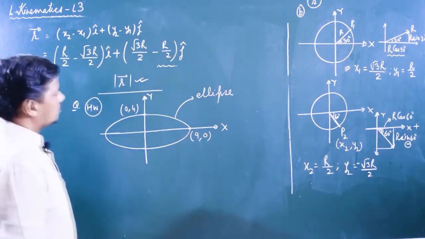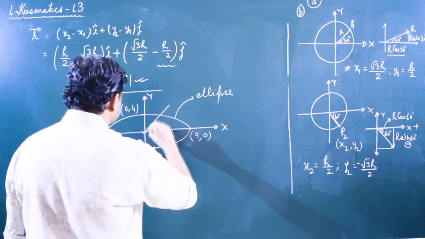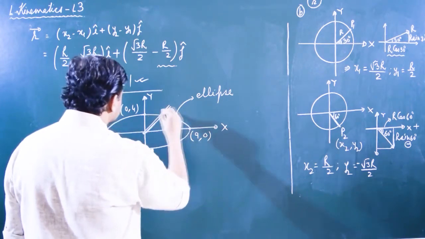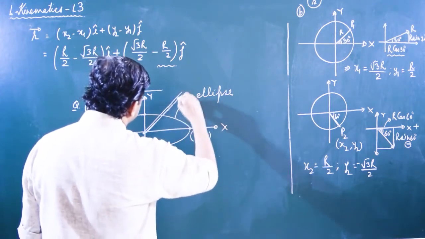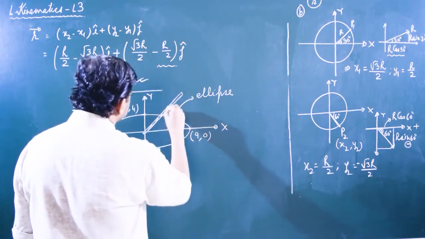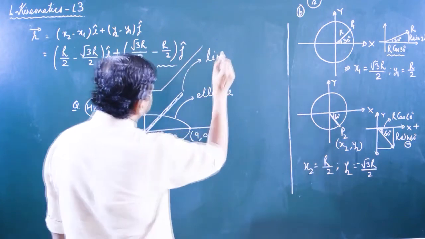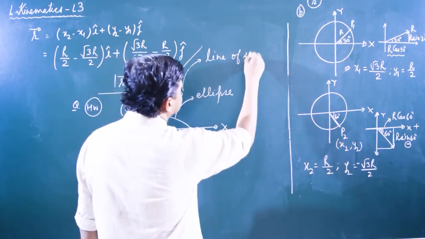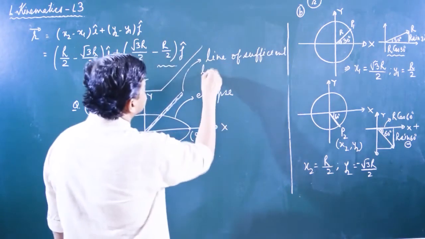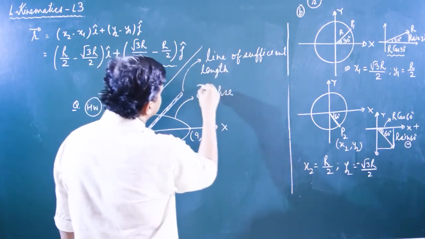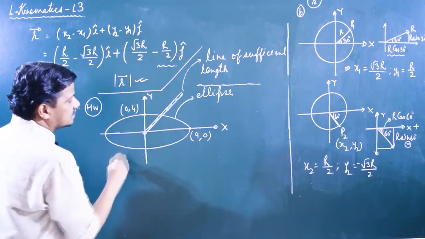Okay, now we have a line of sufficient length, having an axis of rotation at the center of the ellipse.